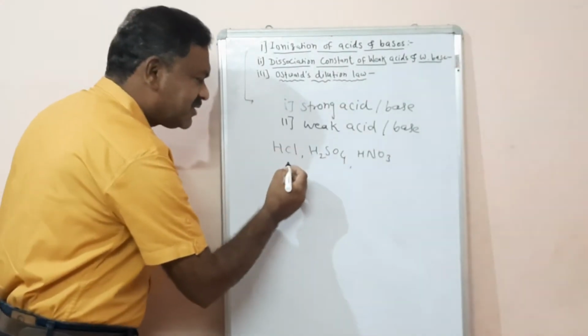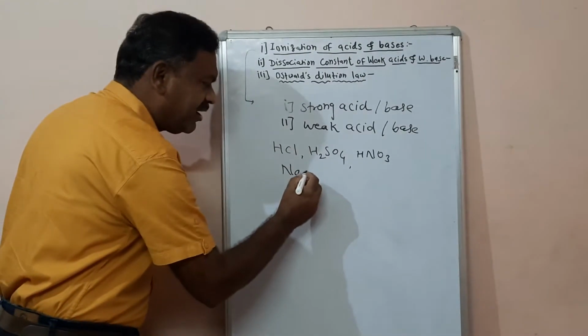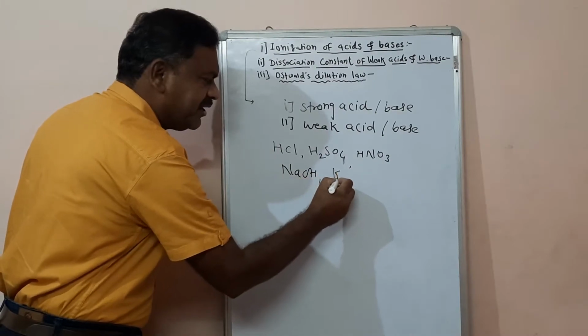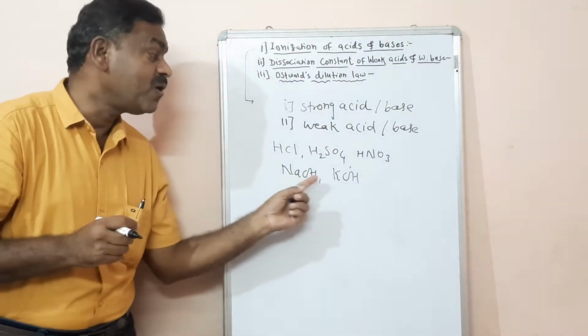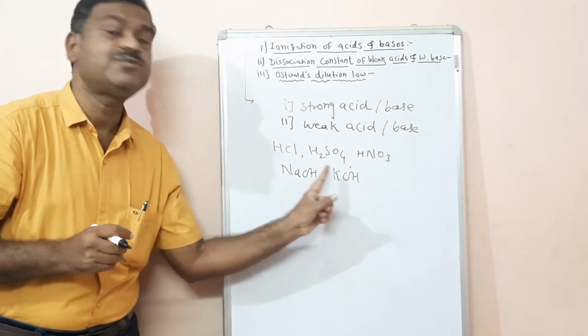Strong bases are NaOH and KOH, examples of strong bases.